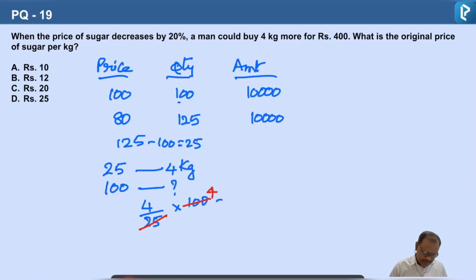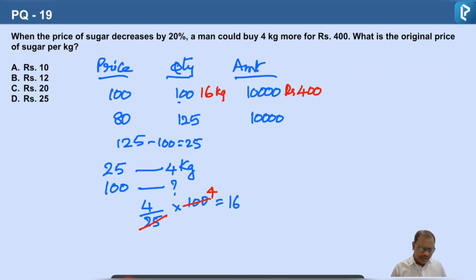So 4 fours, 16. So the person is able to buy 16 kg. The original quantity is 16 kg and the original amount is 400 rupees.